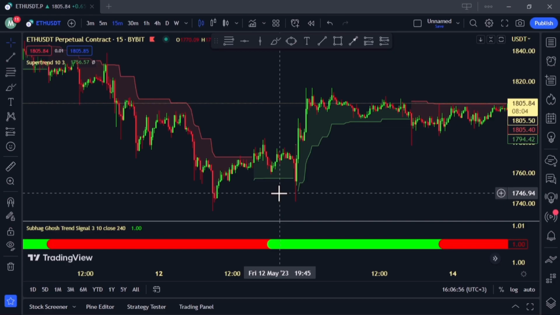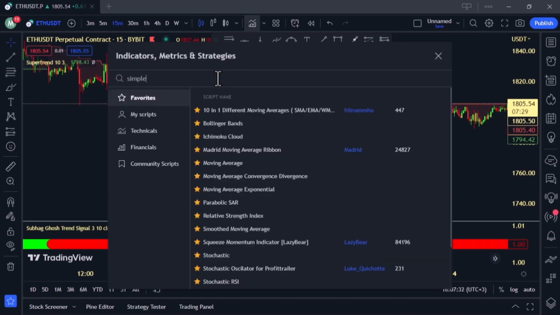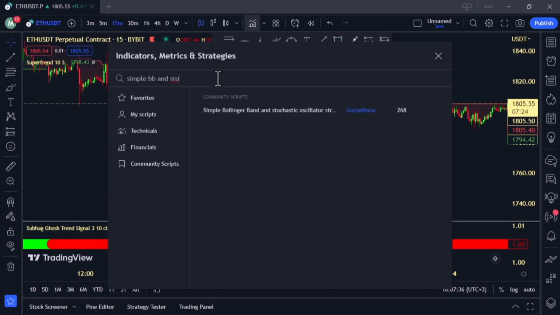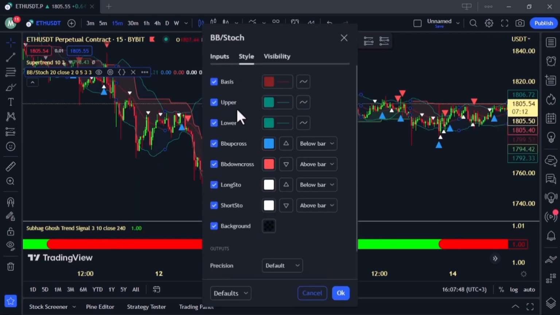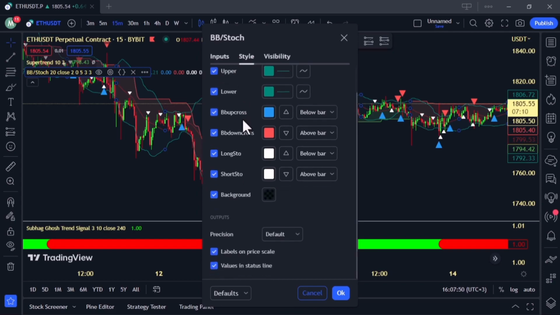And guess what? I want to make it even more efficient. So I'm going to bring up another indicator on the chart, and it's this one, simple Bollinger Band and the stochastic. Make it favorite, bring it on the chart. I go directly to the settings and I go to this. I leave the inputs as they are.